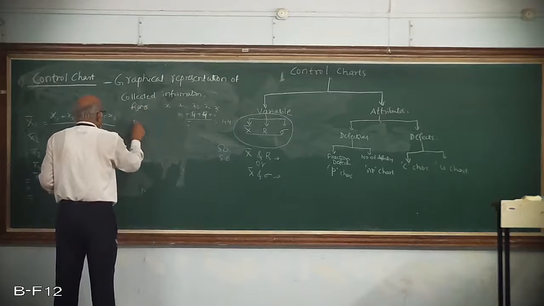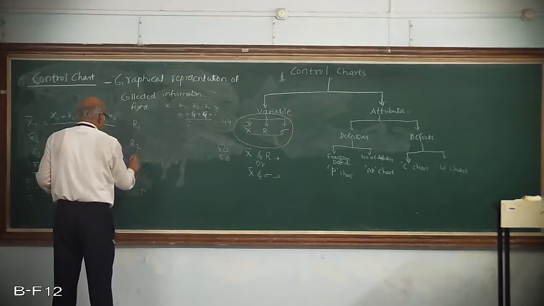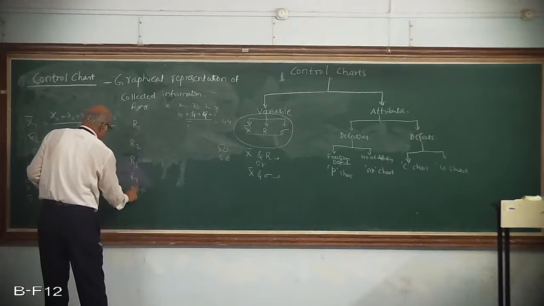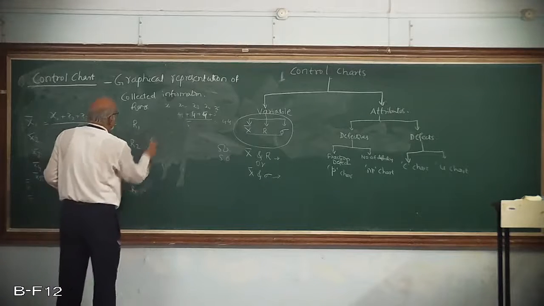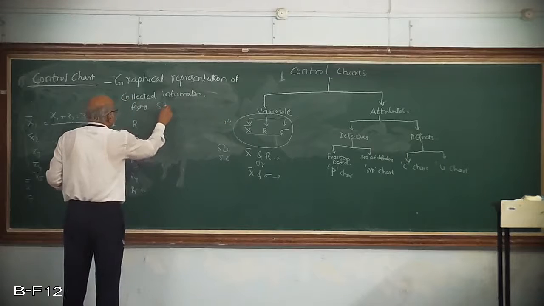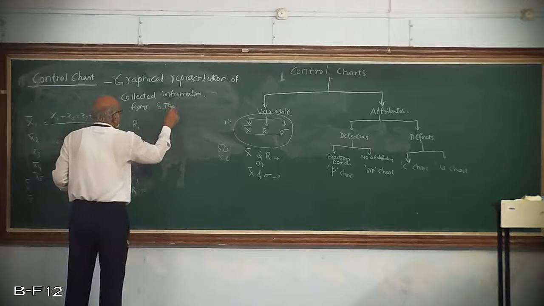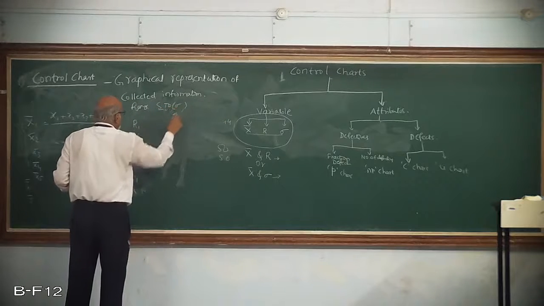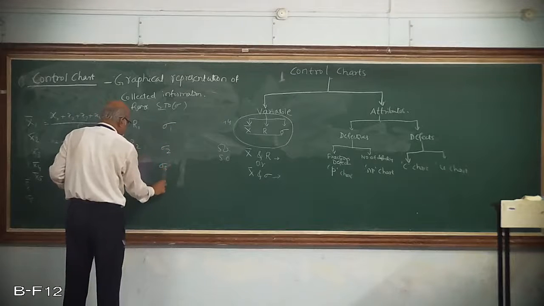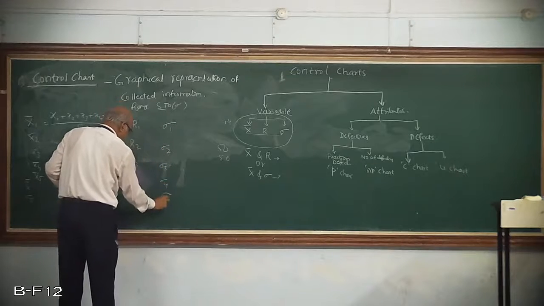Let it be R1, R2, R3, R4, R5, or I can find out the standard deviation itself, that is sigma, that I can call it as sigma 1, sigma 2, sigma 3, sigma 4, sigma 5.